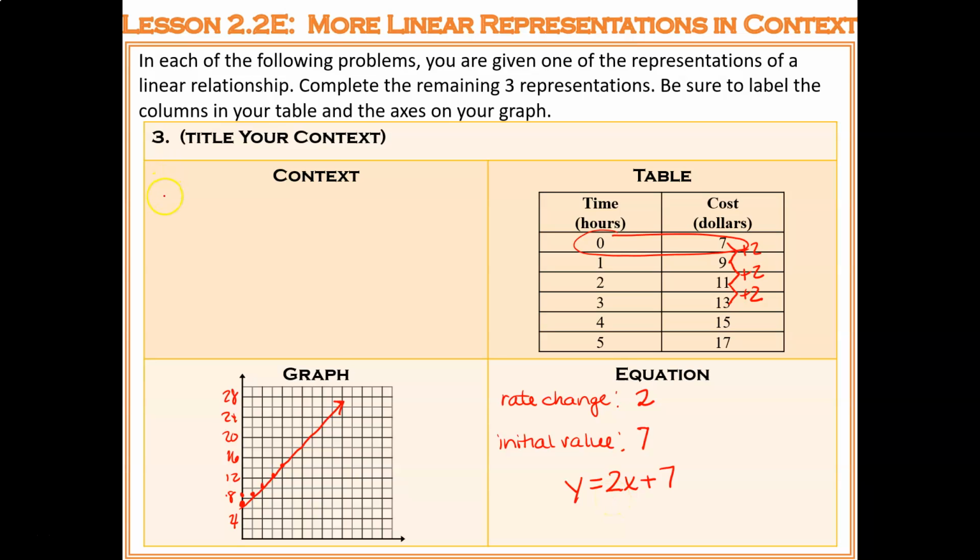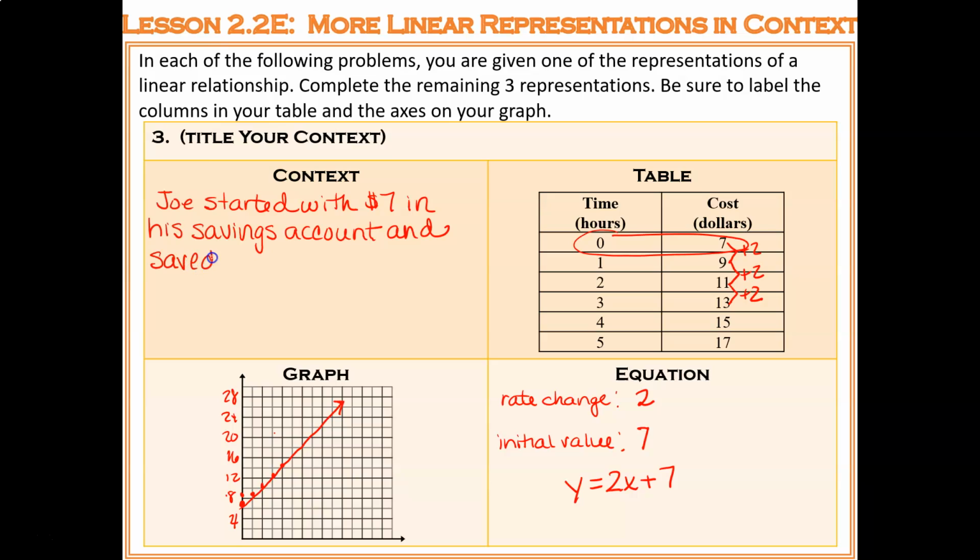So I'm going to say Joe started with $7 in his savings account and saved $2 each week. So there is my context.